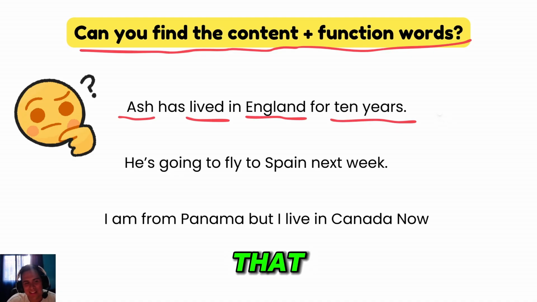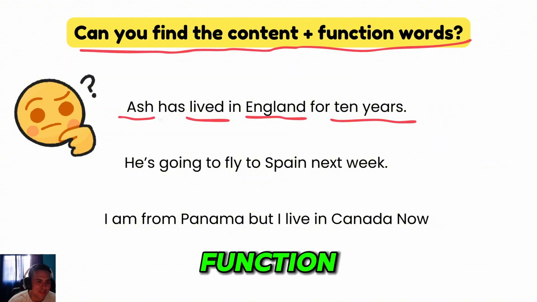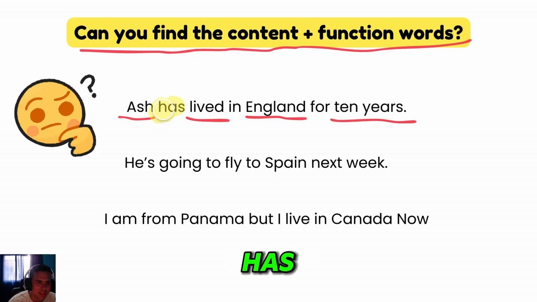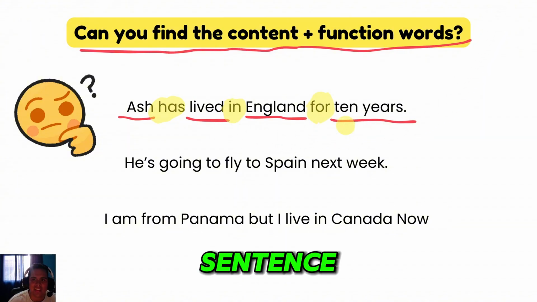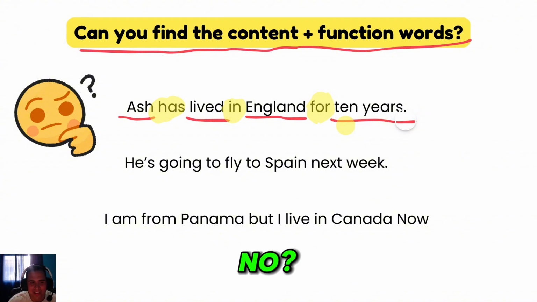If we read that without the function words, because these here are the function words: has, in, for, which are the less important. Imagine if you read this sentence without the function words: Ash lived England 10 years. It will sound weird. Yes, it will sound weird.